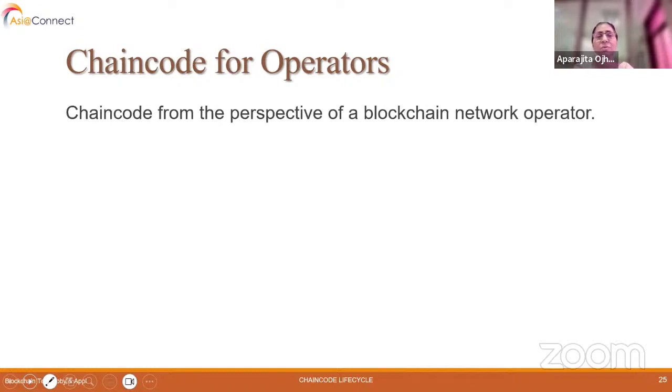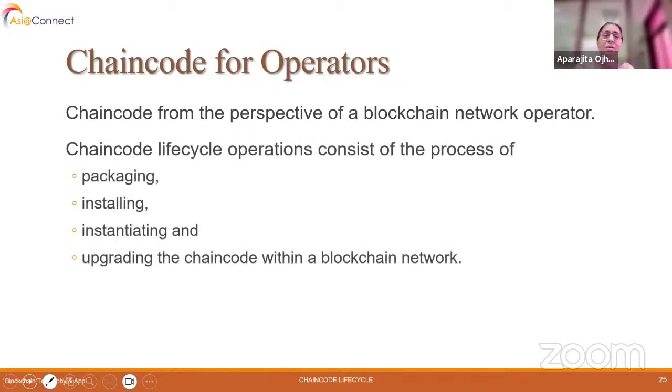But chain code, from the perspective of a blockchain network operator, has a slightly changed life cycle. It consists of first packaging, because it is the operator's job to run the Fabric network. Packaging, installing, the same as the previous one. But here it is instantiating, right?